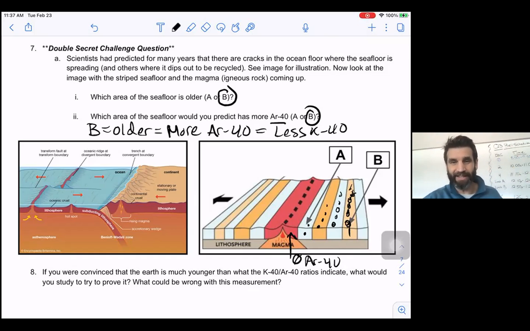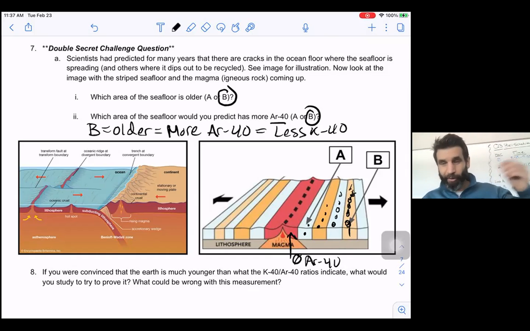And this is how science works. You don't just accept something new without testing it. It's just like the carbon-14 being confirmed by ancient artifacts. This seafloor spreading and this accumulation of argon 40 matched exactly the predictions that scientists had.